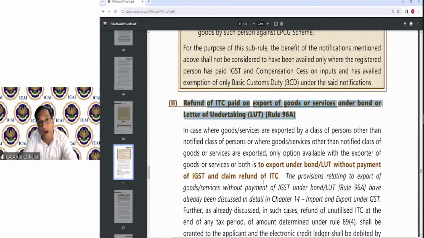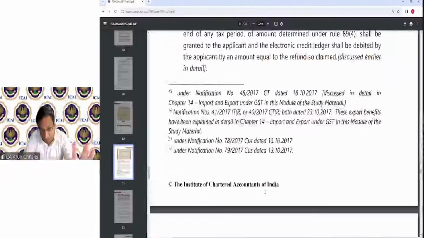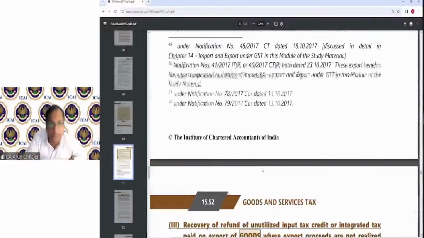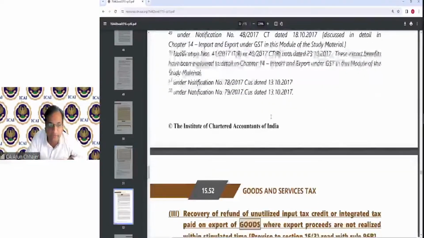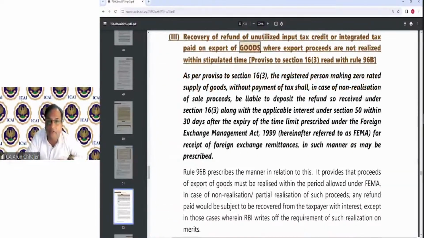If not, then after the expiry of this period, you will pay the taxes within 15 days along with interest. They are saying, yes, it has been discussed in detail in the import export chapter. So fine. Okay. Recovery of the refund.